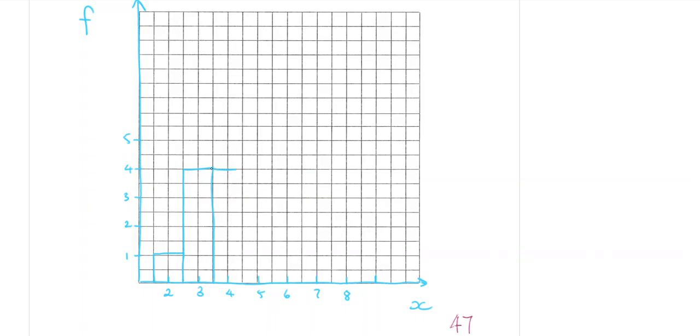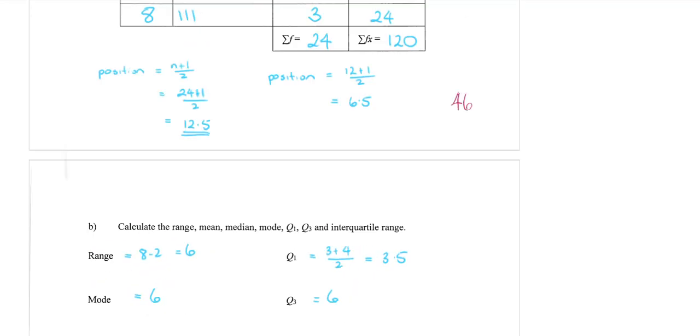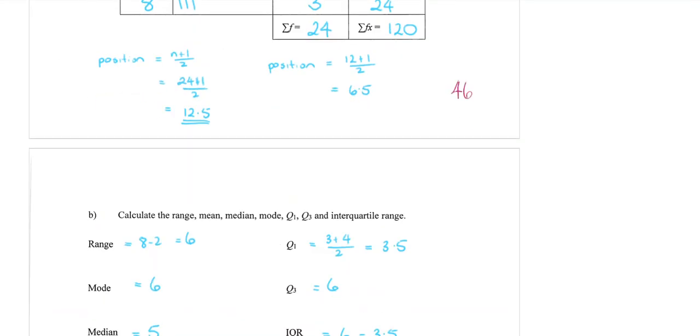And then 4 was 4. And 5 was 4. 6 was 5, wasn't it? 7 was, what was 7? 2. And 8 was 1? Was it, okay, I've gone back to look. 8 was 3.